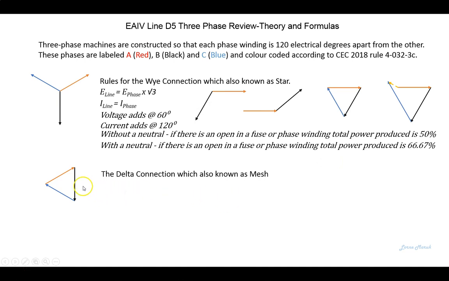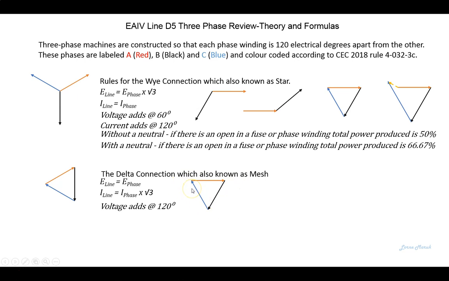For delta connection, for the rules, this is also known as a mesh connection. E line equals E phase, and I line equals I phase times the square root of 3. For the delta connection, we could say voltage adds at 120, and when we place our voltage vectors, in this case, head to tail, you can see that we are right back to 0, which is where we should be.